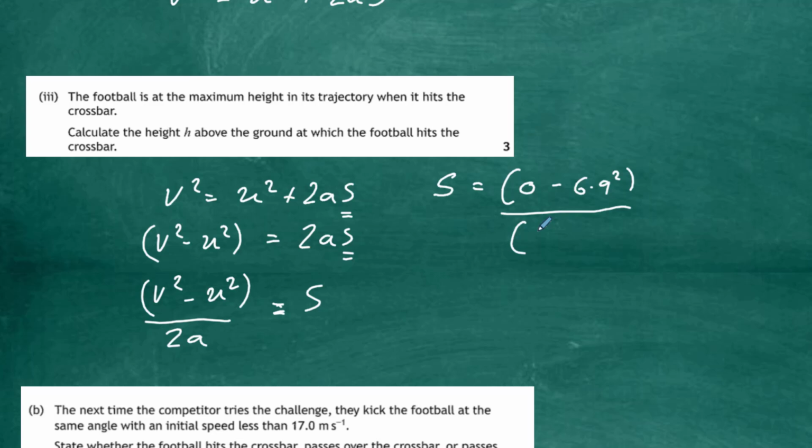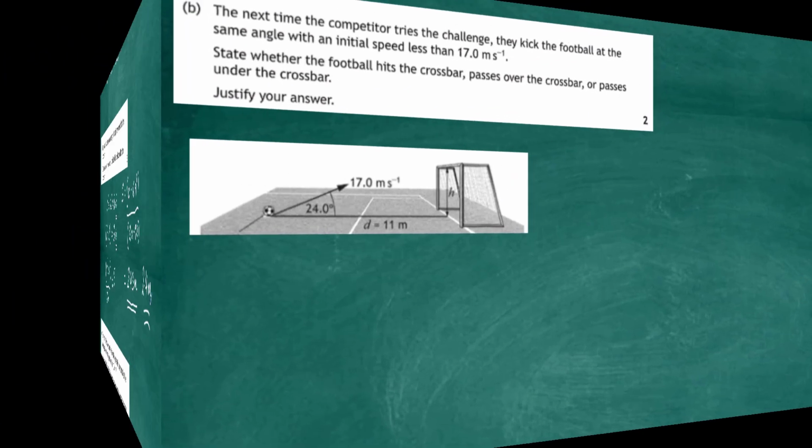Now be careful, the acceleration of gravity is acting downwards in our notation, so it's 2 times minus 9.8. And if we do that in my calculator, we end up with a value of S to be 2.43 meters. It's a positive answer, which means of course the displacement is upwards, so therefore that's going to be the height of the crossbar. To two significant figures, we'd write down 2.4 meters.